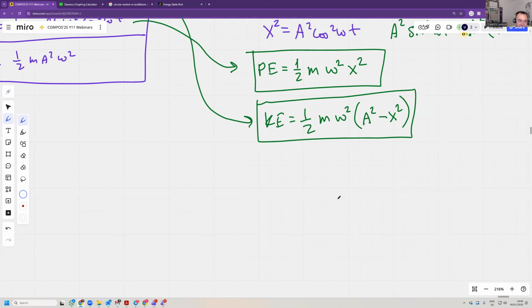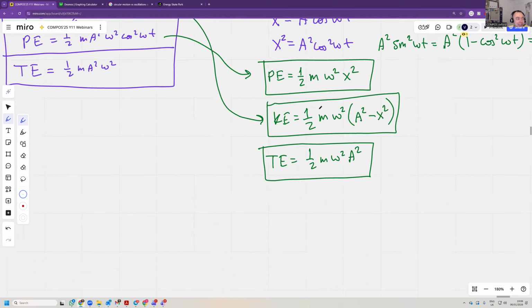And the total energy is adding these two together, which, if you are observant enough, you will see is 1/2 m omega squared a squared, the same expression as we had before.